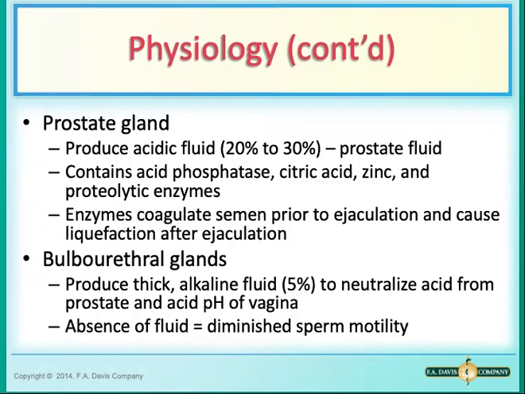Okay, the prostate gland is a muscular gland. It is located just below the bladder, and it surrounds the upper urethra and helps in propelling the sperm through the urethra by contractions during ejaculation. Approximately 20 to 30% of the semen volume is acidic fluid that is produced by the prostate gland.